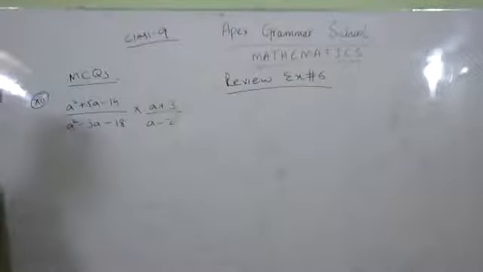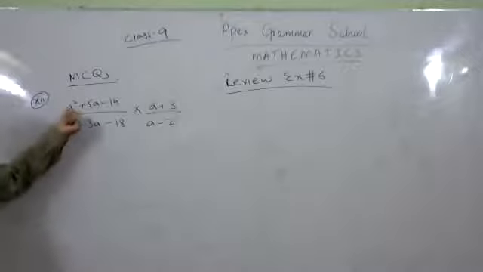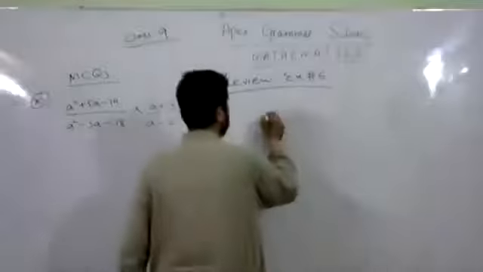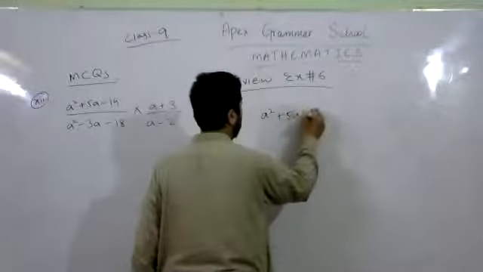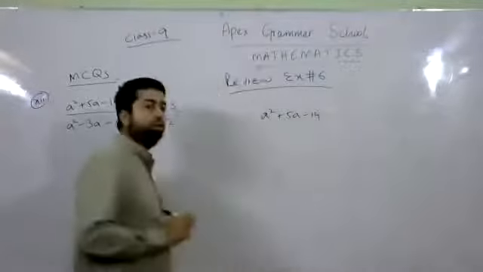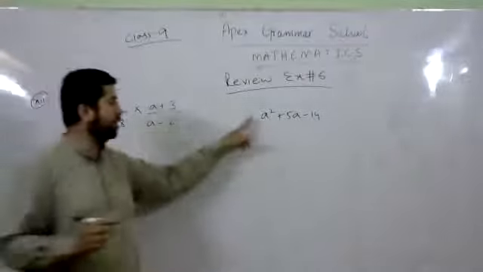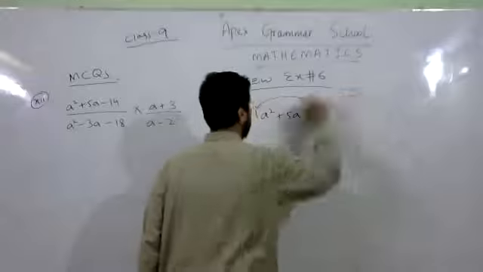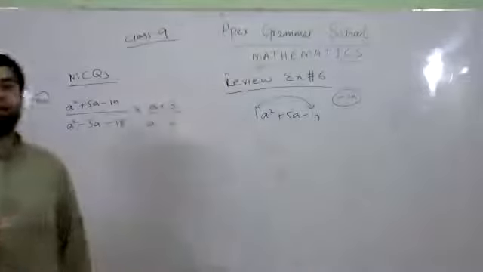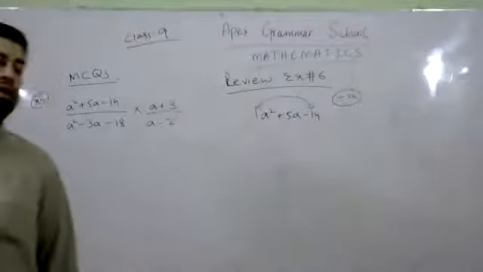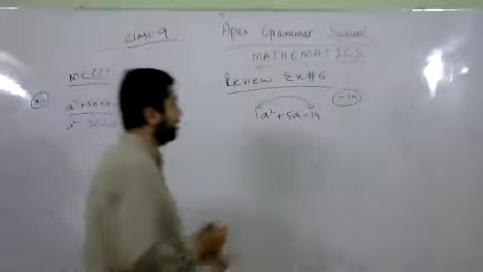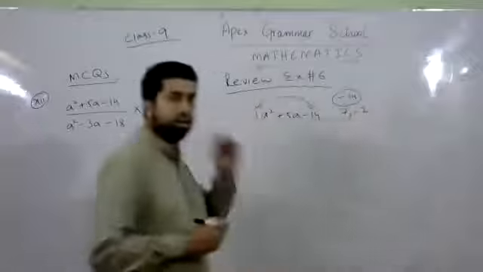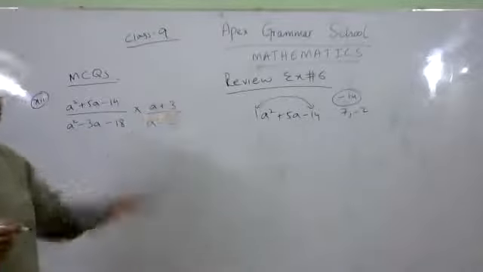Now we need to solve it. First, A square plus 5A minus 14, we will do middle term breaking. We need two numbers. The A square coefficient is 1. 1 multiplied by minus 14, the answer is minus 14. We need a pair of numbers whose product is minus 14 and whose sum is plus 5. So 7 and minus 2 are the two numbers. A square plus 7A minus 2A minus 14.